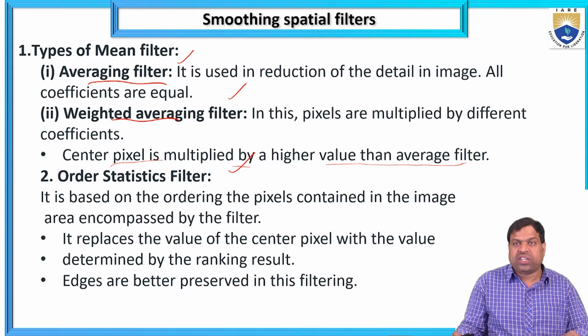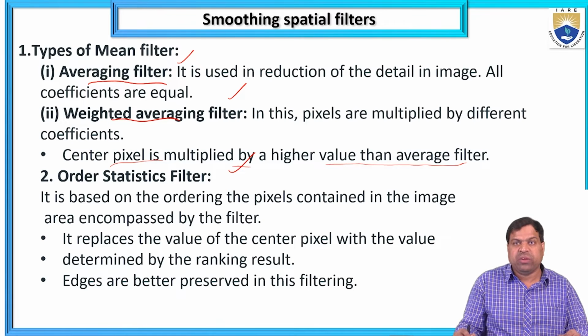The average filter is used in reduction of the details in an image and all the coefficients are equal. In the weighted average filter, the pixels are multiplied by different coefficients and the center pixel is multiplied by a higher value than the average value.